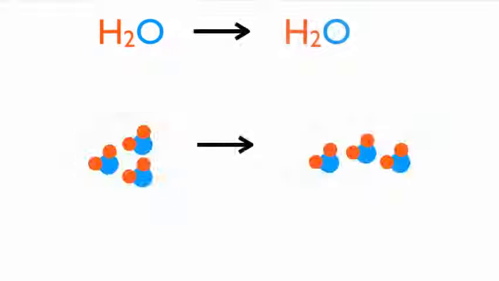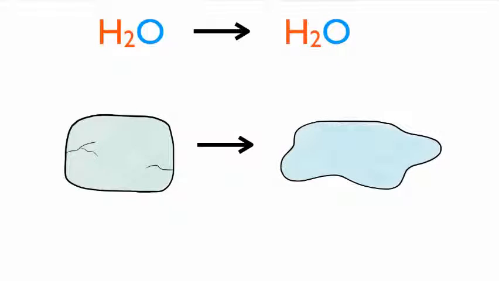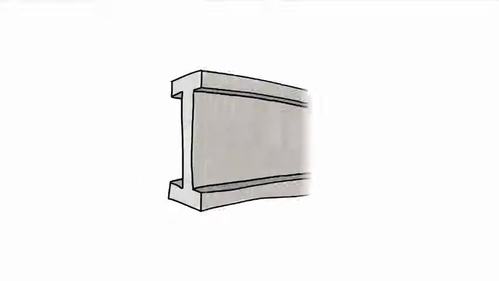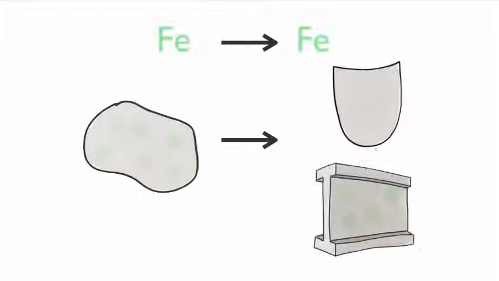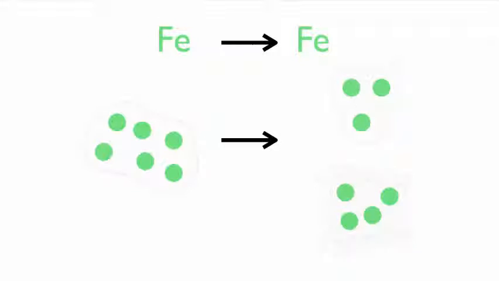Even when water evaporates, the molecules might be moving a little faster, but they're still water molecules. Another example of a physical change would be bending iron metal. Iron can be made into I-beams or pressed into shapes. Whether the iron is in a beam or in a shape, it still is Fe atoms, just in a different shape.